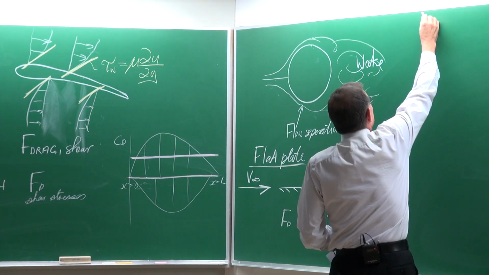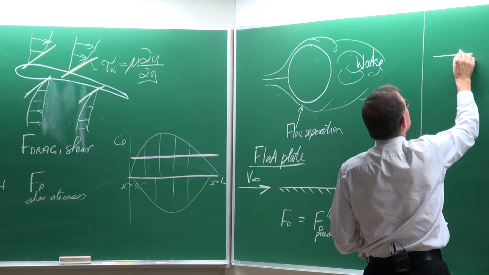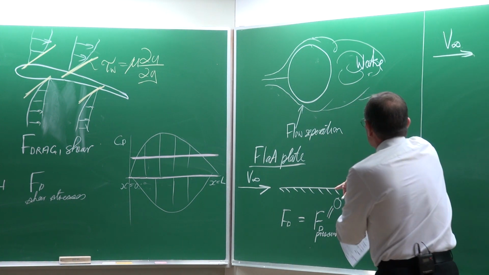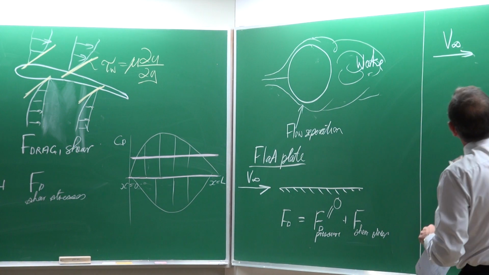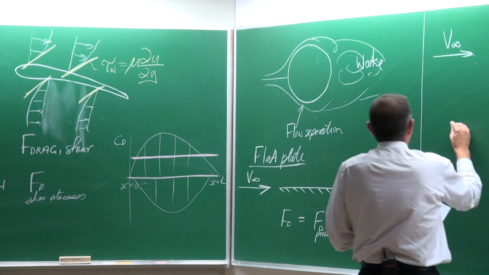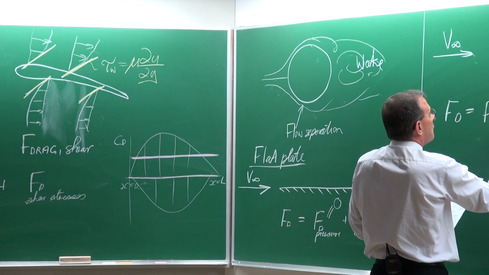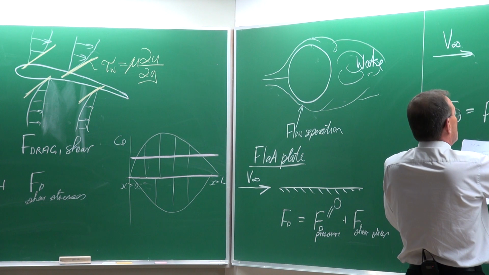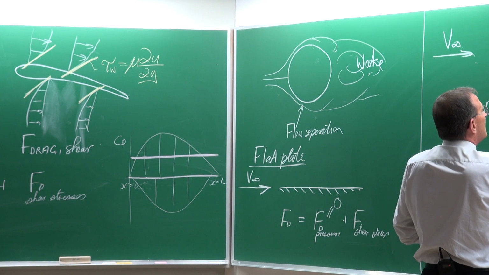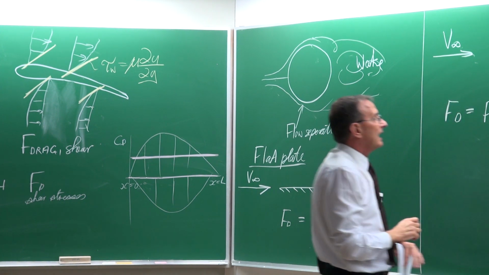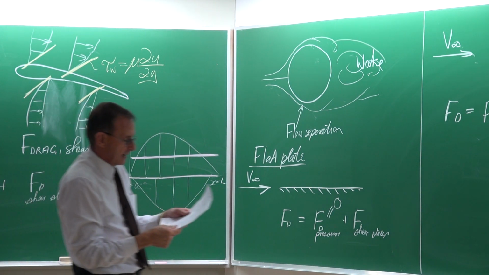If, however, we would take the flat plate, and that is the free stream velocity, if we would change the orientation of that flat plate so that it is perpendicular to the free stream velocity, then this drag force is going to be one or other pressure drag and a shear drag, and in this case, this component is negligible in comparison with the pressure drag.